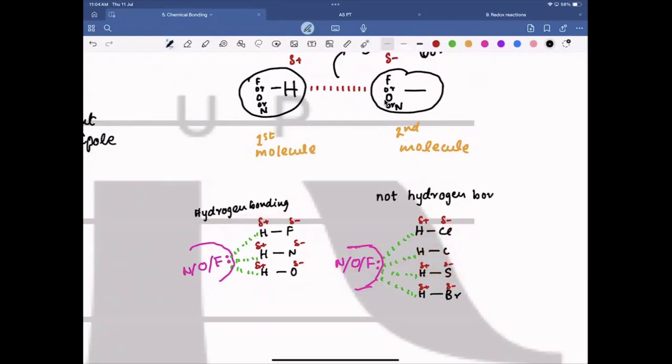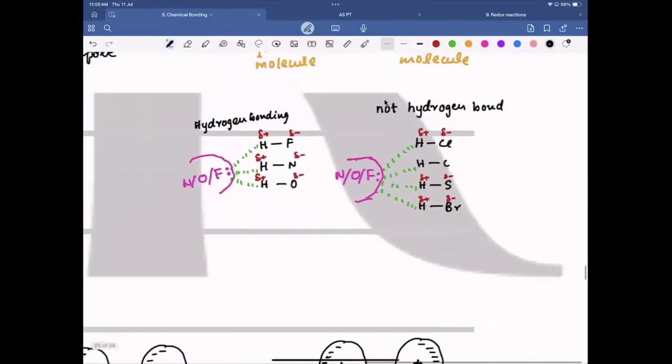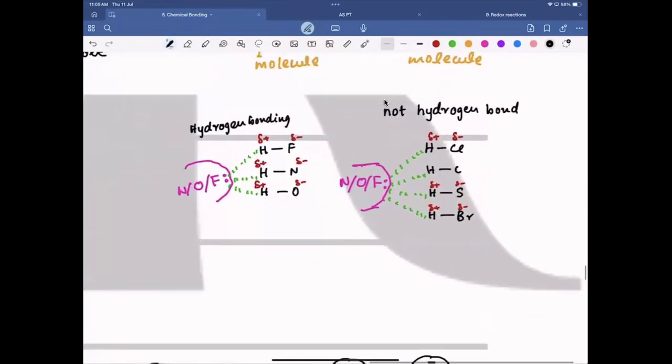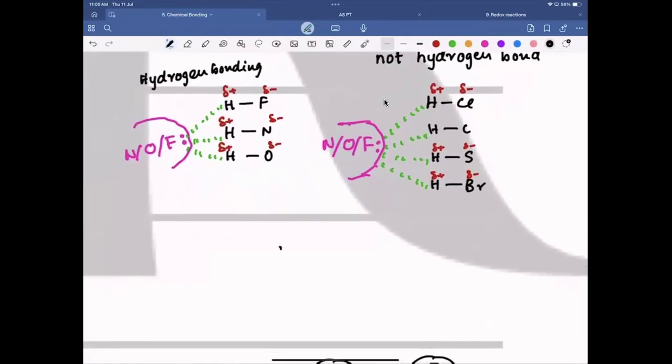Okay, sir. Now, is it clear? Yes, sir. So basically, there are two conditions. One is that in a molecule, hydrogen is bonded to fluorine, nitrogen, or oxygen first. Let me give you another example. I have an alcohol molecule, right?